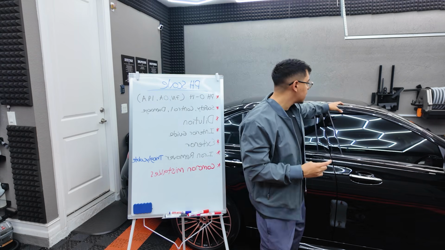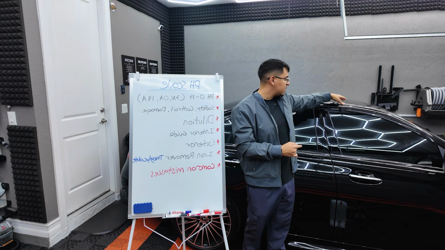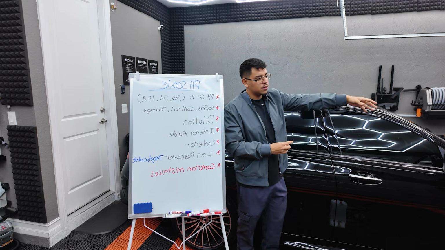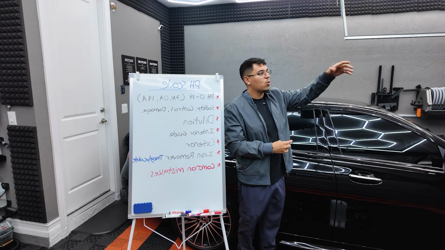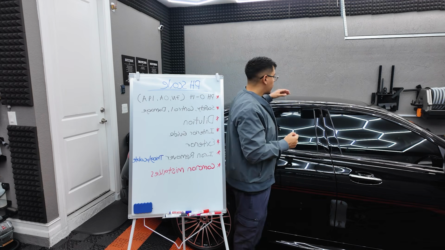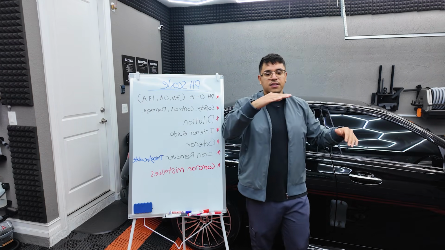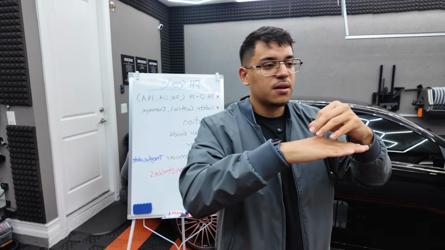Okay, so water spots, if you don't know how they're created, happen when harsh water, from your hose or even the rain sometimes, sits on the paint. It has calcium. That's why you get water spots on flat surfaces. For example, it rains, there's a tree close by, and then the water evaporates eventually.